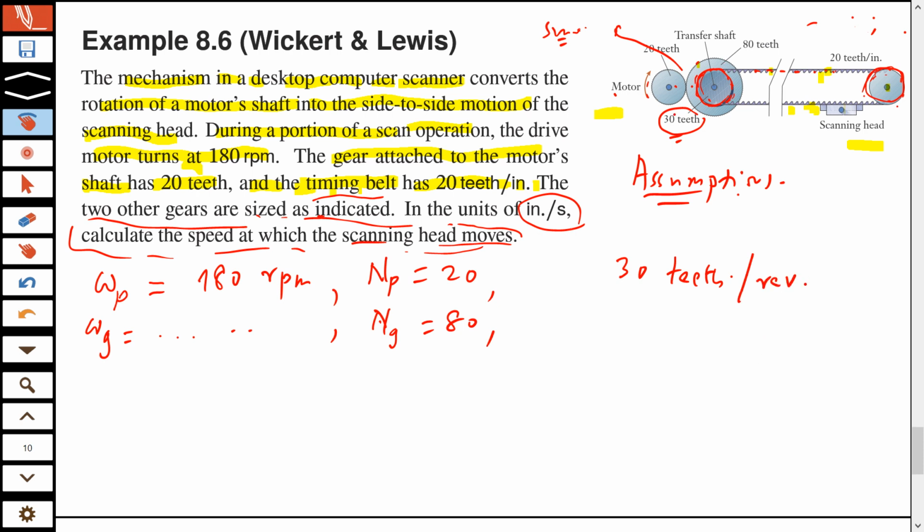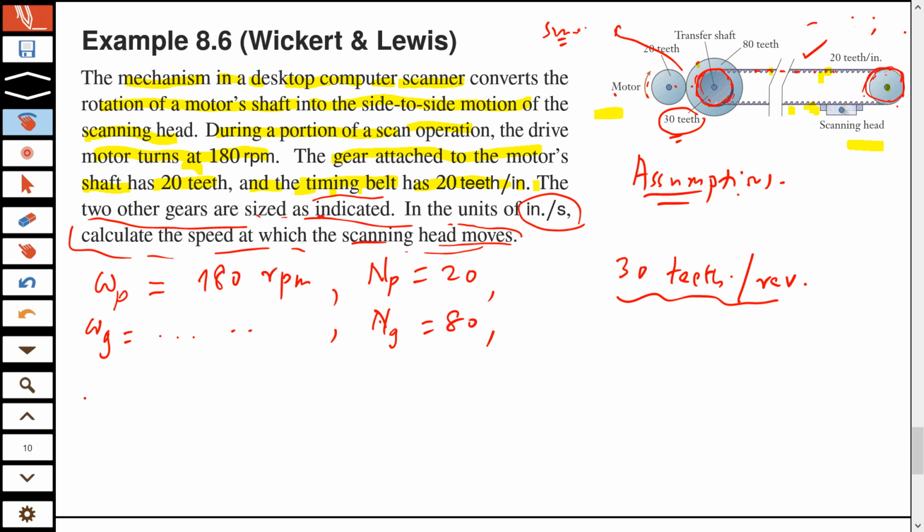Because if you have two revolutions, you have to multiply this 30 by 2. Now, in this one revolution, because it has to operate smoothly with the belt, the timing belt must also mesh 30 teeth.